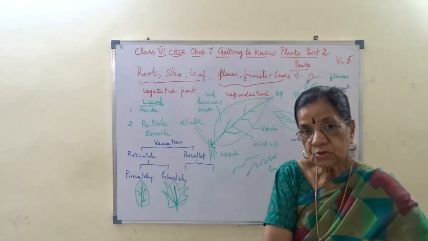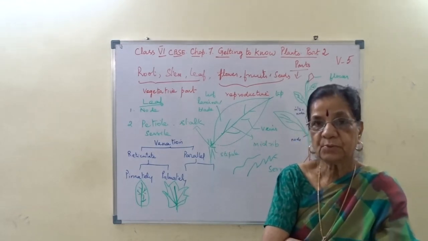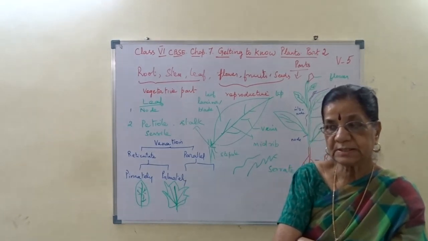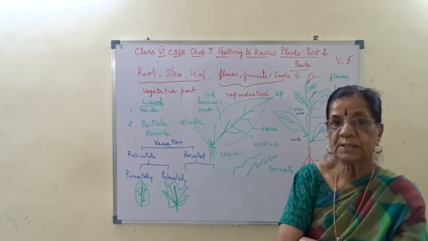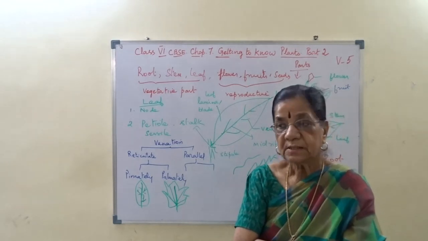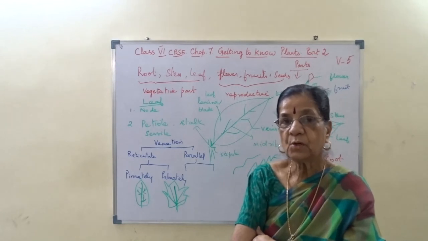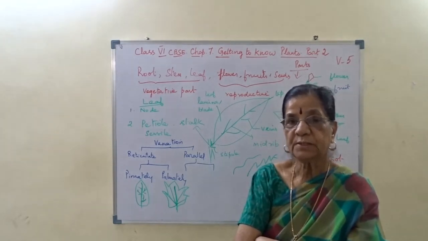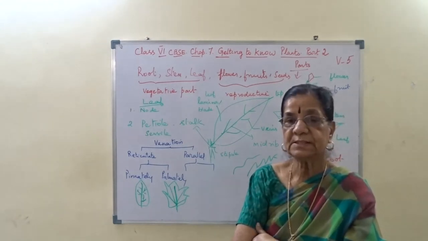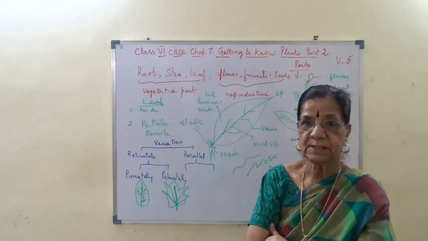Again, when the leaf prepares food, the food prepared by photosynthesis is distributed to various parts of the plant through the stem. So distribution of food is two-way traffic, up and down, whereas transport of water from the root is one way.